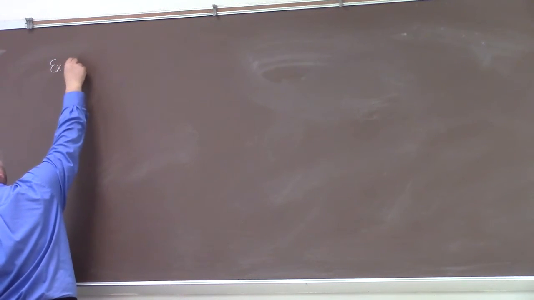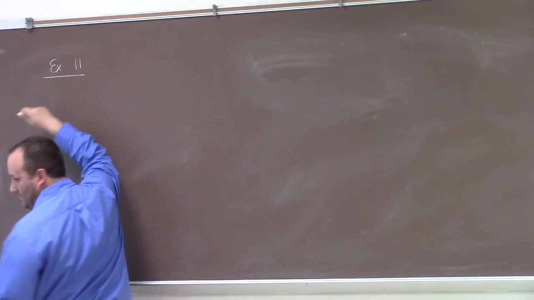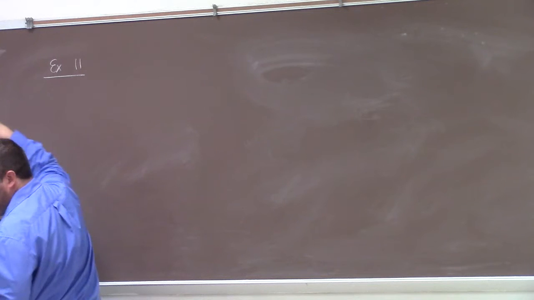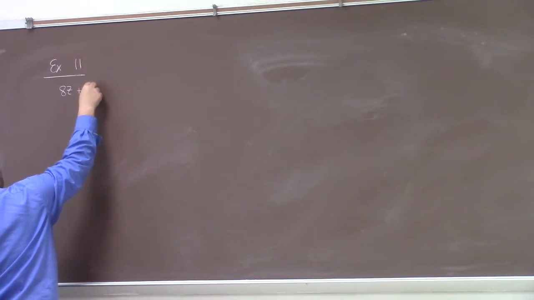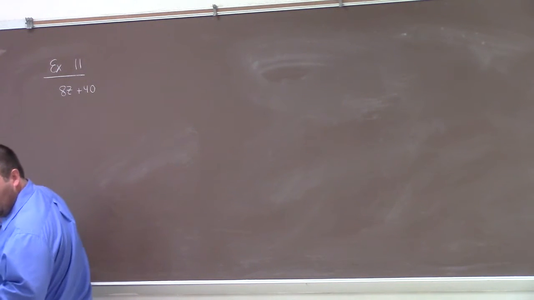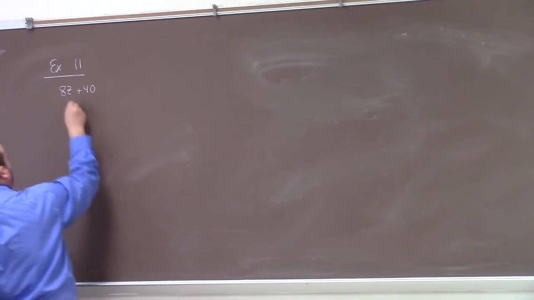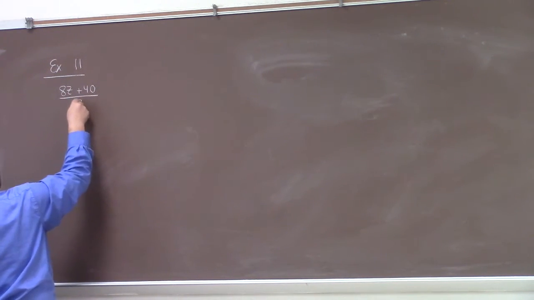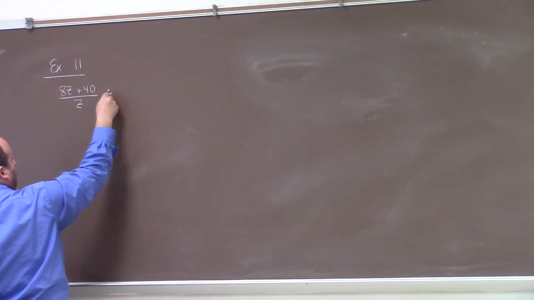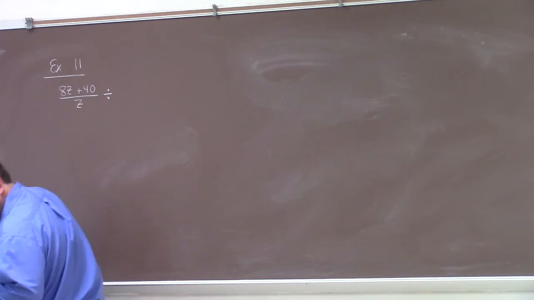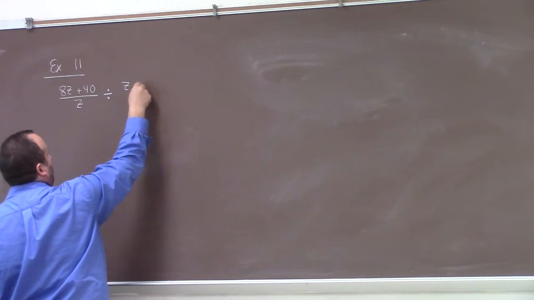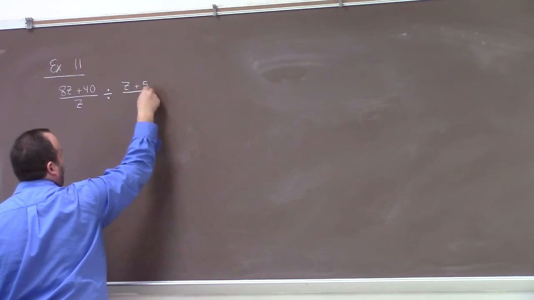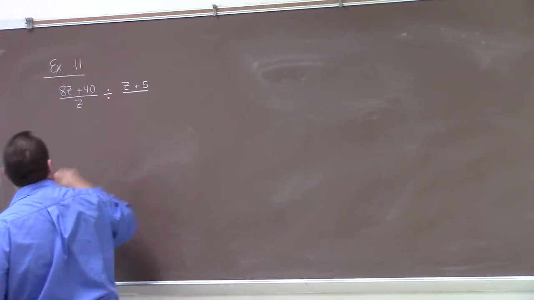We're supposed to do 8z plus 40 over z, divided by z plus 5 over z.